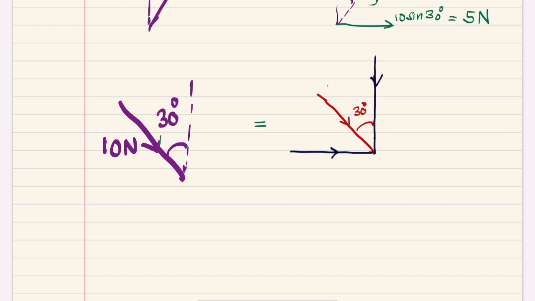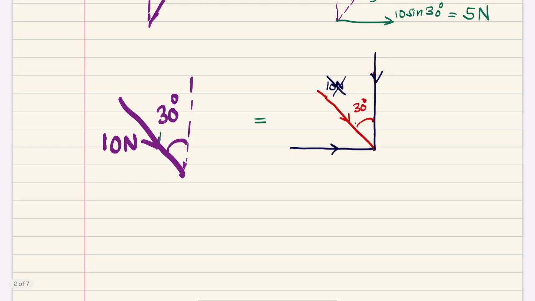So we can let go of this 10 newton force and think about two alternative forces that would create a similar effect. When we do the resolving, it will be 10 cos 30 because we are going through the angle, and when you're going away from the angle, it will be 10 sin 30.